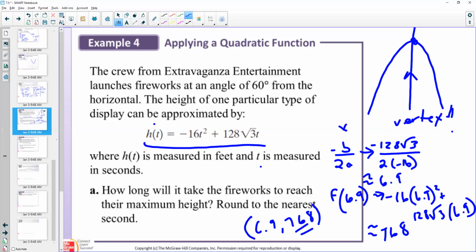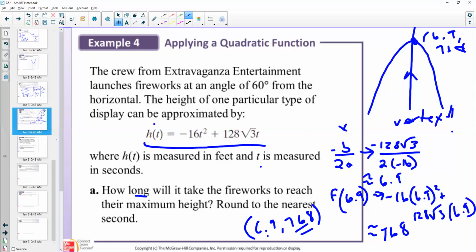That's the height, basically. Oh, sorry, we said how long first. Well, that's the time. Okay. Maximum height at the vertex. So this is the maximum height up here, 6.9 and 768. The other question is how long it will take us to get there.